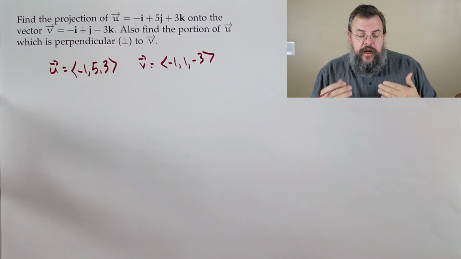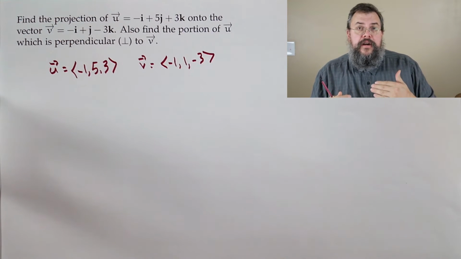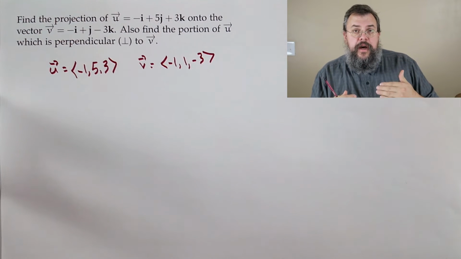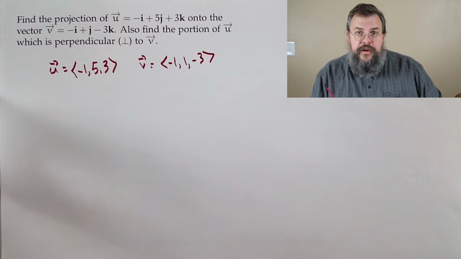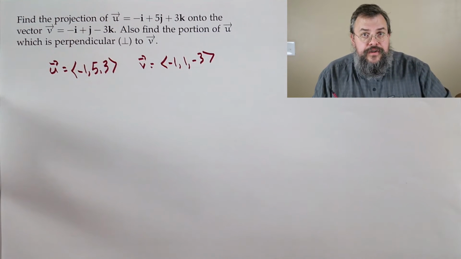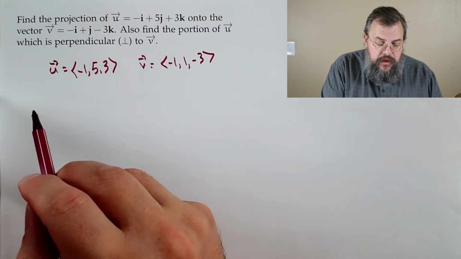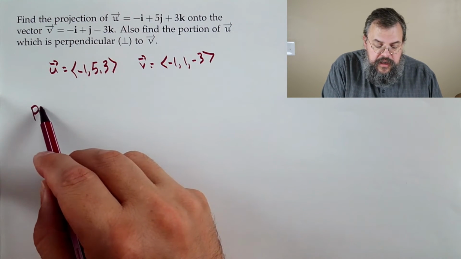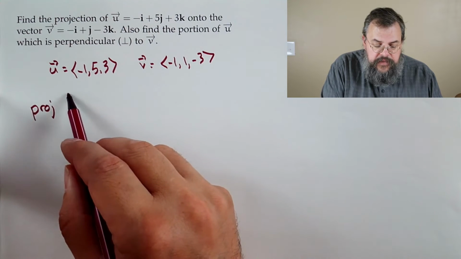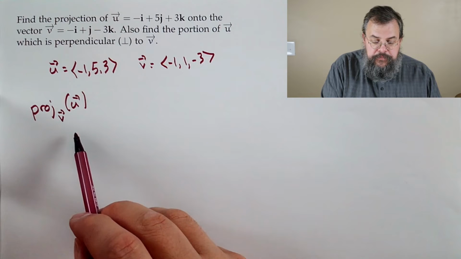So let's talk about our projection. Whenever we're doing projection, we have to remind ourselves, well, it's the projection of one vector onto another vector. So we've got to keep track. Okay, so which vector are we projecting onto? And so that should be very clear. So we're going onto v. So when we're interested in the projection of the vector u onto v, so that's this notation here.